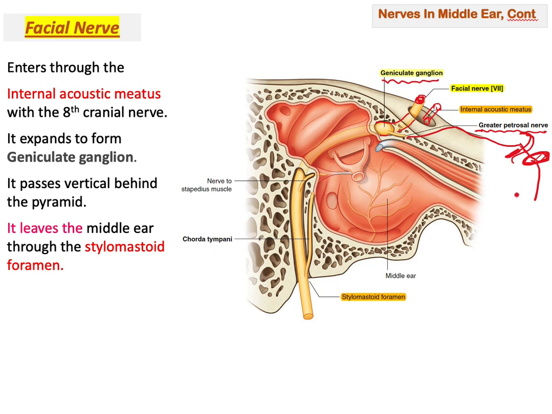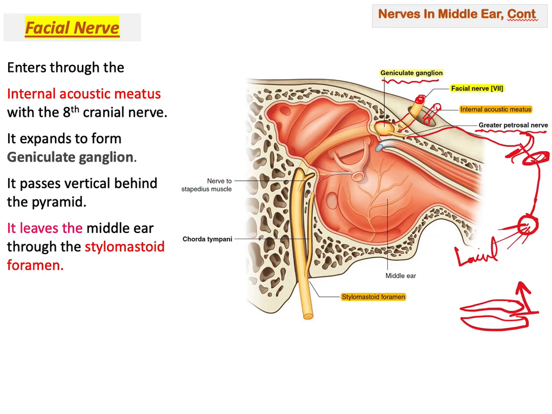the greater petrosal nerve, of course, will join the pterygopalatine ganglion, right? Then the parasympathetic postsynaptic fibers will supply all glands above the oral fissure. For example, if this is the mouth, above the oral fissure there are glands like the lacrimal gland and glands in the nasal cavity.